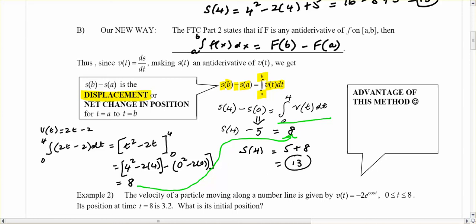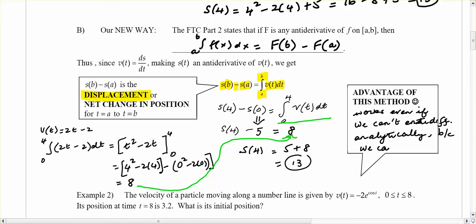But in fact, the second one is much more powerful. And the reason it is much more powerful is that it works even if we can't antidifferentiate the velocity function analytically, because we can always find the definite integral numerically using our calculators.